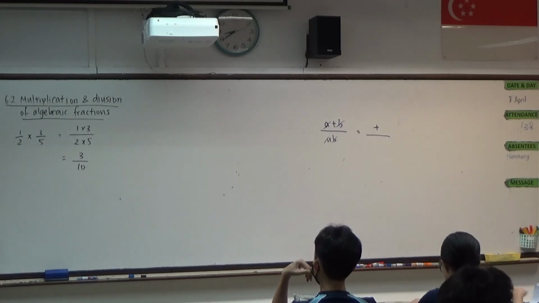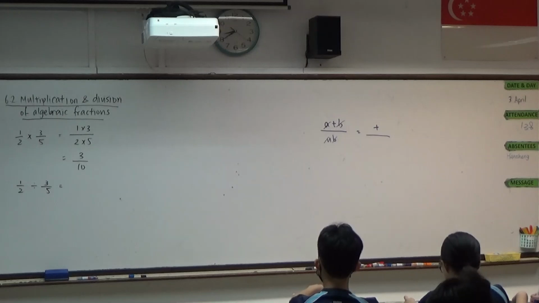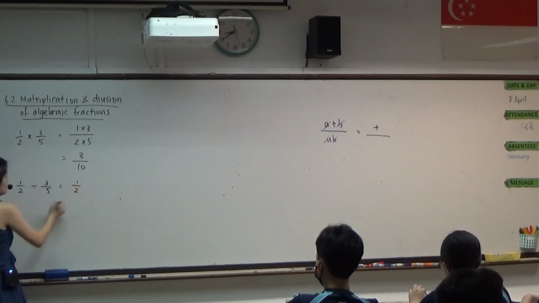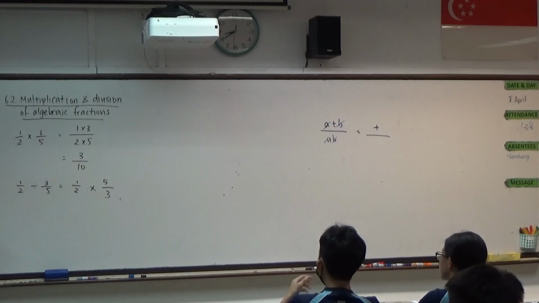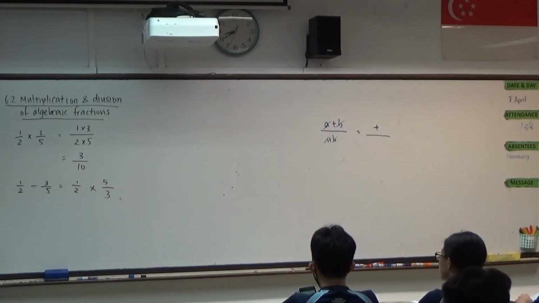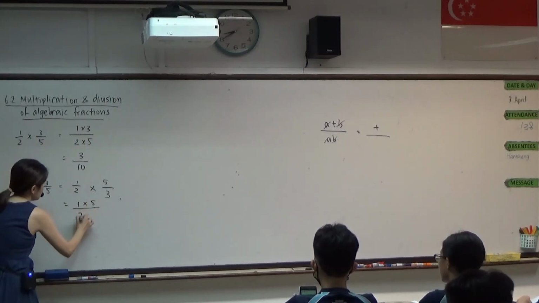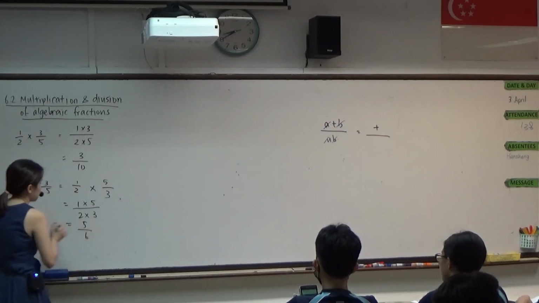The same thing that we need to remember applies to division as well. If I have half divided by 3 over 5, what do we need to do? Keep, flip, change. We keep this half, flip the other fraction, change the operation. Then we fall back on numerator times numerator, denominator times denominator, and we get 5 over 6.